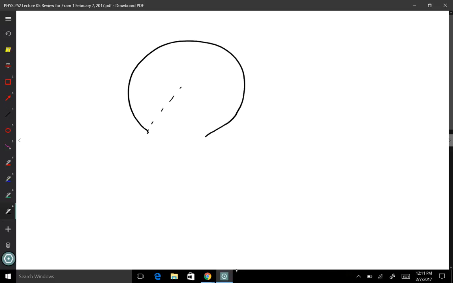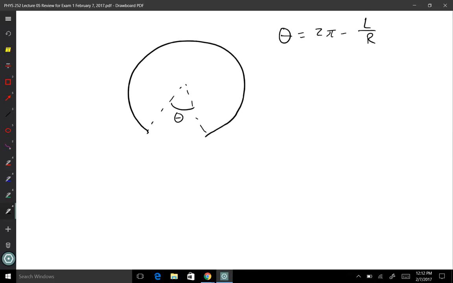So we'll have like, centered on the origin, it's filling all but theta. And there's lots of ways you can relate the length to theta. Easiest is theta is equal to 2 pi minus L over R. Because the angle for an arc is L over R. And so if you have a complete circle, it's 2 pi.